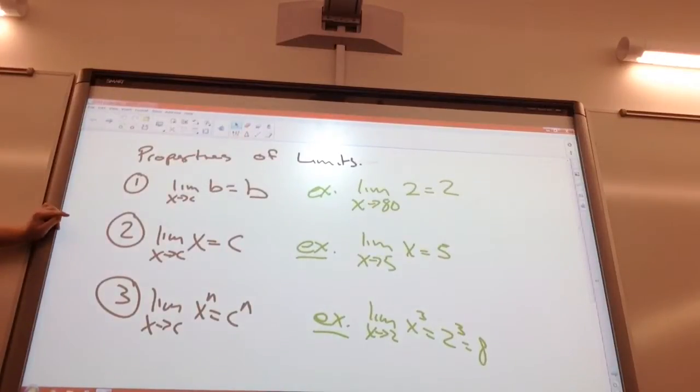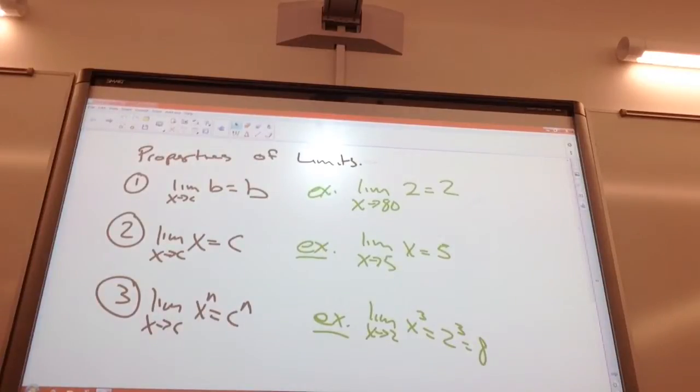Our next basic limit is fairly self-explanatory. The limit as x approaches c of x is c. That is, if my function is just x, the limit is the value of the function. The limit as x goes to 5 of x is equal to 5, for example. Any questions there? These should be super straightforward.